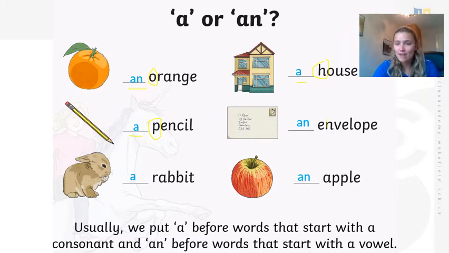E is obviously a vowel, so I would have an, because it's an envelope, not a envelope. Rabbit starts with an R, so this would be a consonant, so I could just put a. And apple starts with a vowel, so I would put an. So well done if you've got those right, and well done if you wrote some super sentences as well, so you can give that a tick.